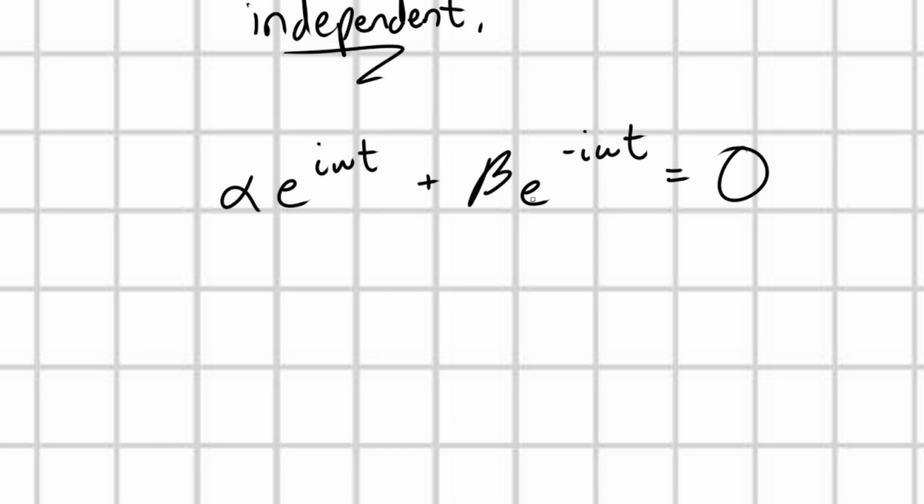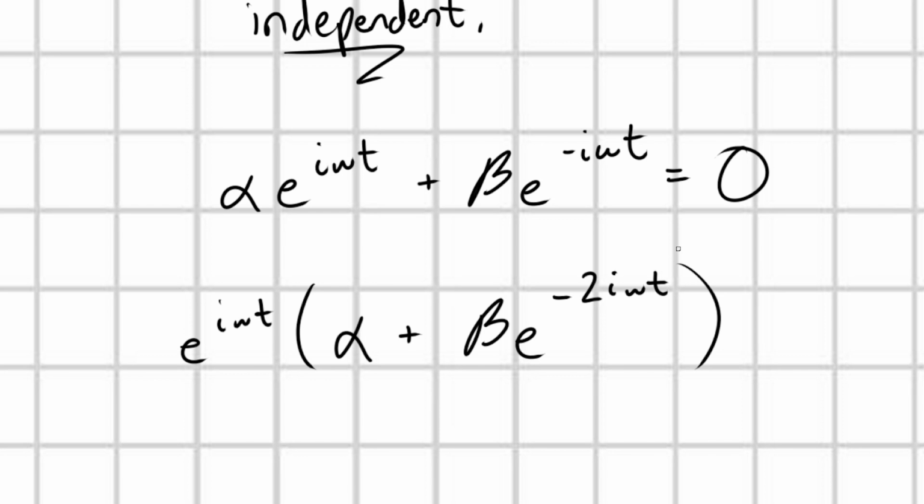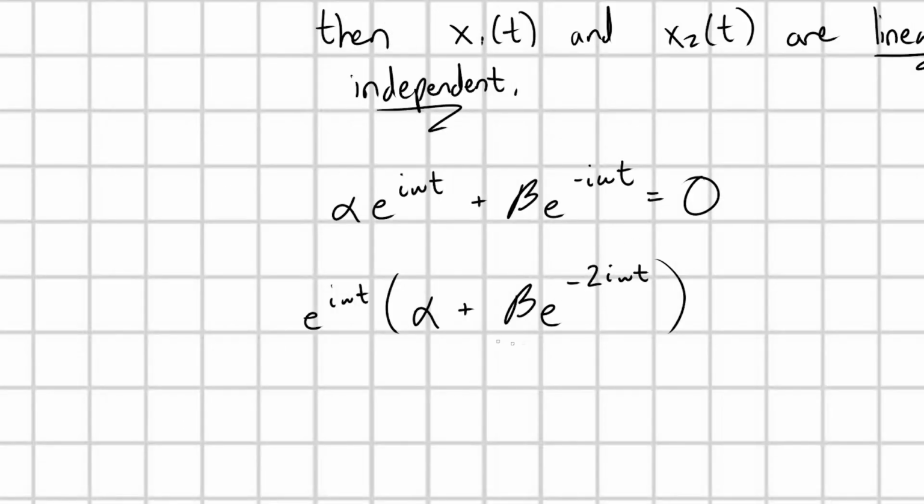I sure can't. And if you need anything more rigorous, we can take out an e to the i omega t times alpha plus beta times e to the minus 2i omega t. And we're never going to have just a constant alpha that always cancels out something that is a function of t.